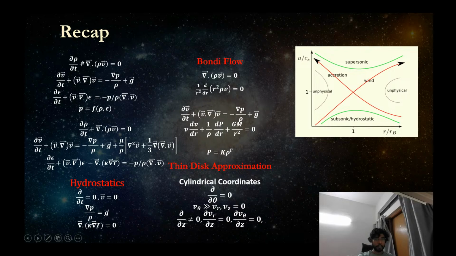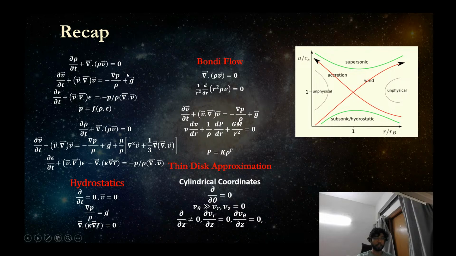If you see, these have six variables: rho, three components of velocity, pressure, and energy. But we have five equations. So we need another equation to have a solvable system of equations.